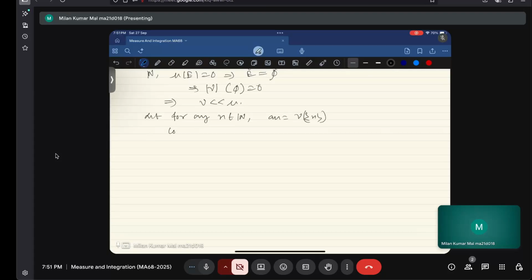And consider the function f from the natural numbers to the real numbers, or rather the complex numbers, because this is a signed measure, so it can take plus and minus infinity as values. Such that f of n is equal to a_n. This is basically a sequence.